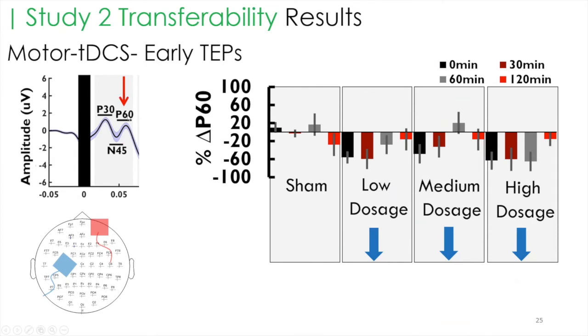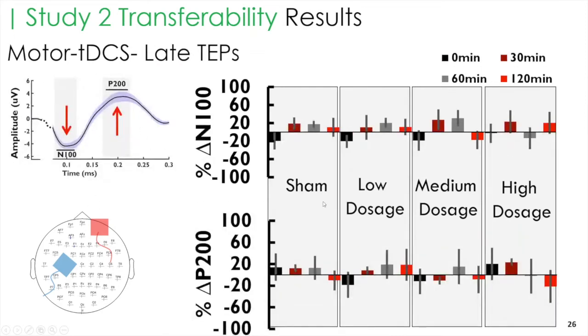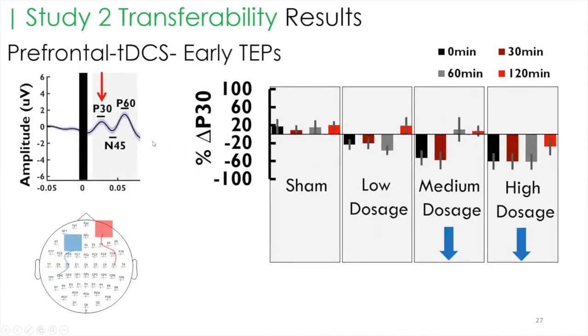For P60, we saw that all dosages reduced these early peaks, but slightly later, after about 60 minutes. All of this is over the motor cortex. For late peaks, N100 and P200, we saw no effect. Over the prefrontal cortex, in contrast to the motor cortex, we saw that almost all dosages uniformly reduced the early peaks, with significant reduction for medium and high dosage.